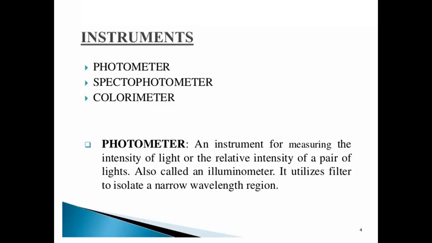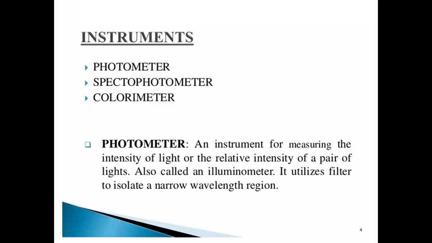So a photometer is an instrument for the measurement of the intensity of light or relative intensity. It is also called an illuminator. It utilizes simple filters to obtain the required wavelength region. This is an instrument where sophistication is not incorporated.